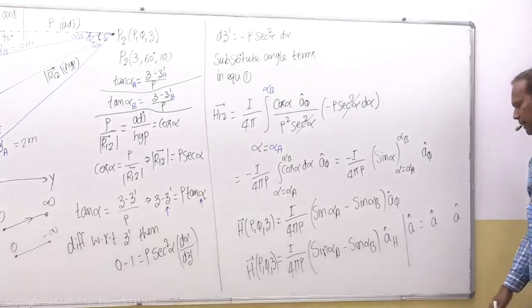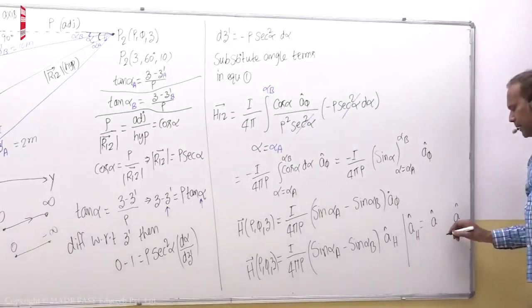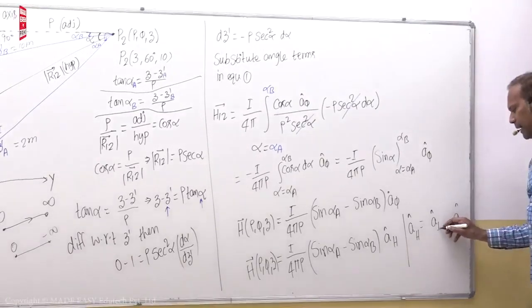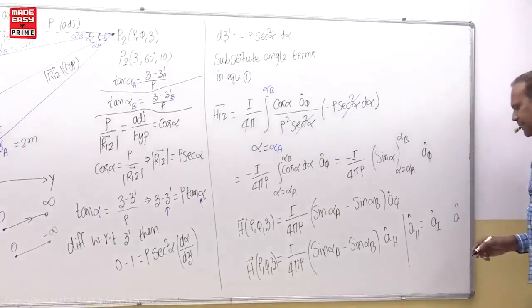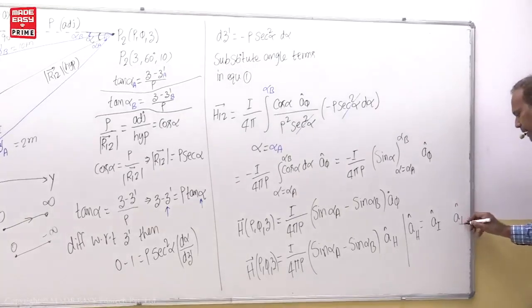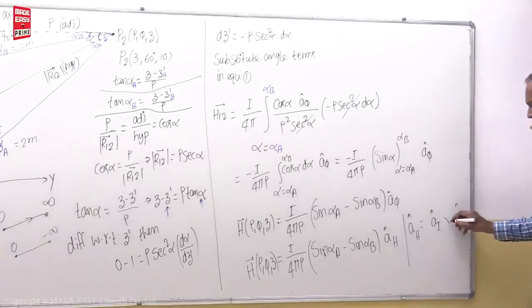A cap means unit vector, suffix h means unit vector in magnetic field direction. Then suffix I means unit vector in current direction. Then suffix perpendicular means unit vector along the perpendicular line. I will write that. Then I am taking the cross product.